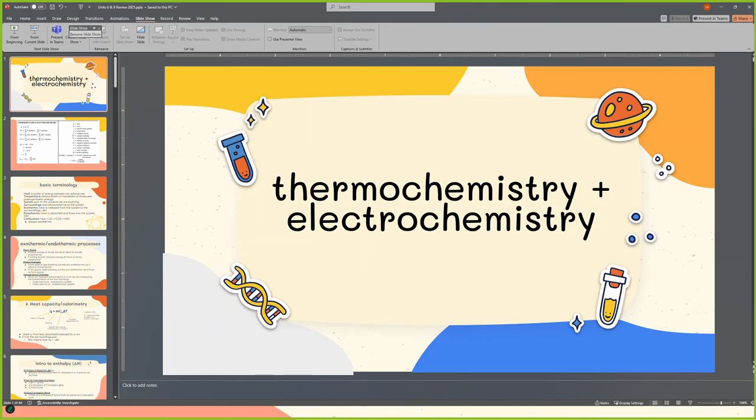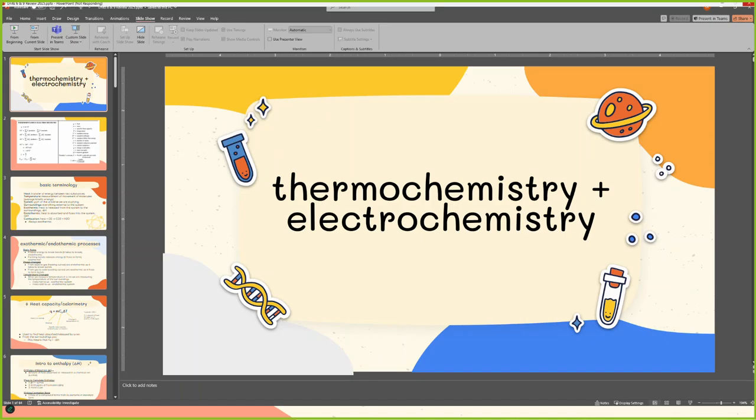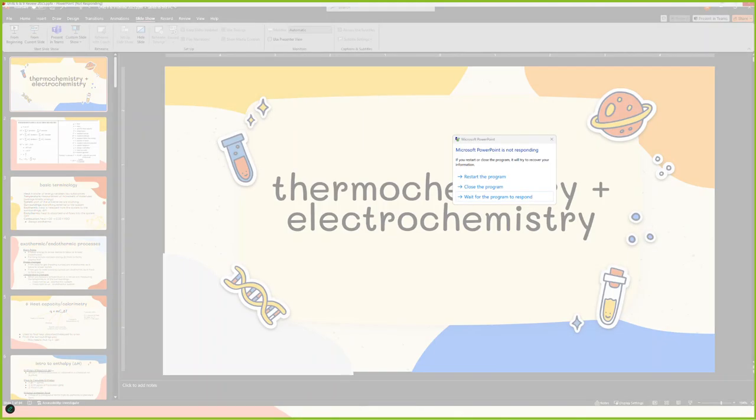When I try to go over to my other screen, it's not showing my cursor. Ah, see, you can see my cursor again. Oh, and now it's going to crash on me.